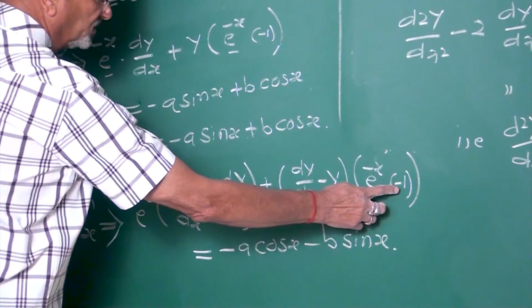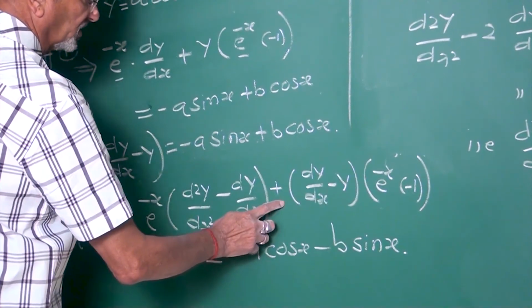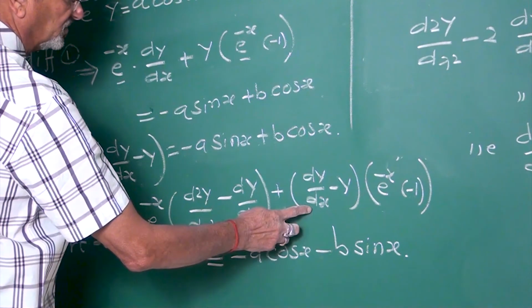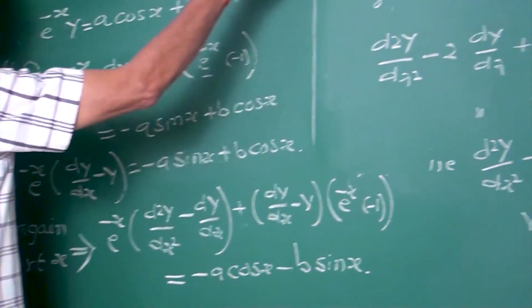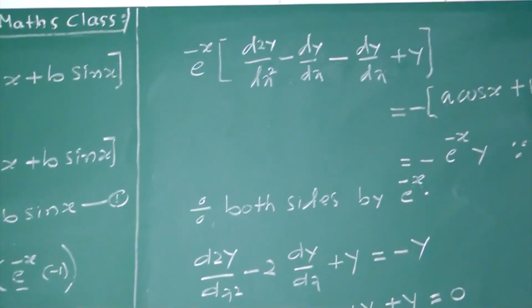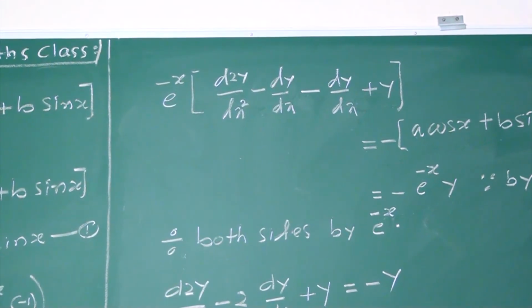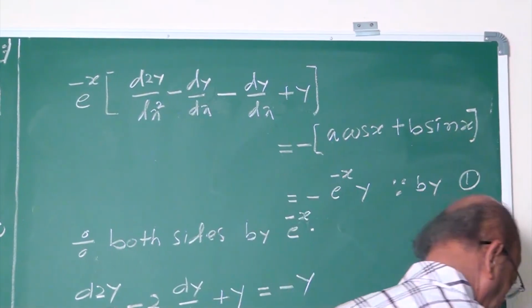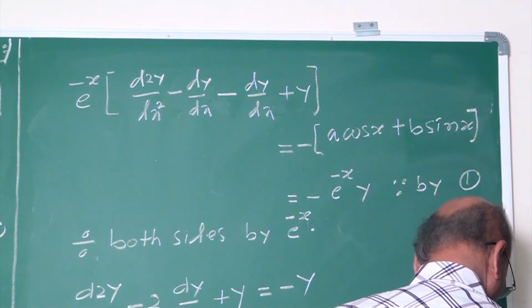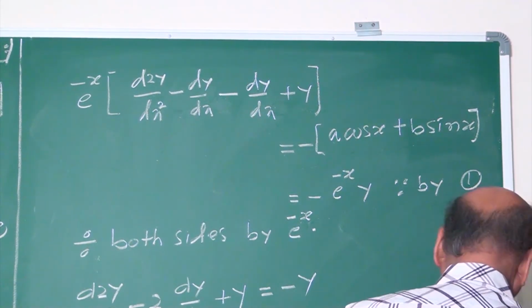This plus with this minus 1 is minus here. This is minus derivative, minus with this minus is plus y equal to, in RHS again minus is common. Taking minus common, a cos x plus b sin x, a cos x plus b sin x, my friends.